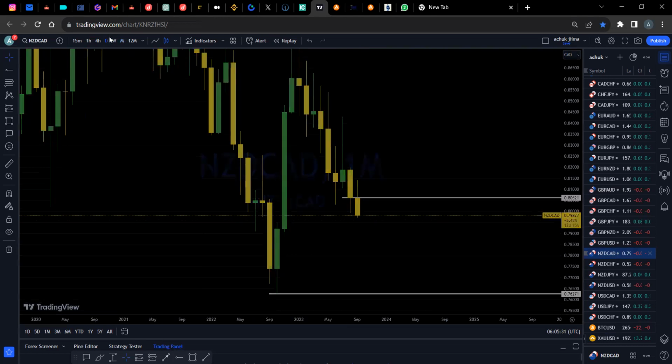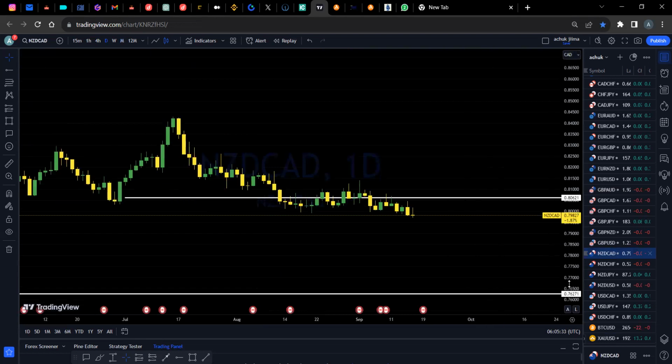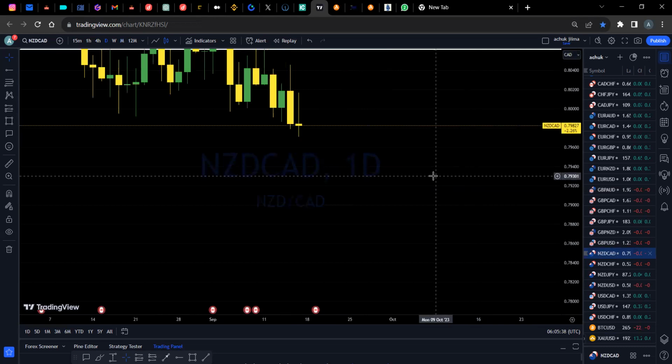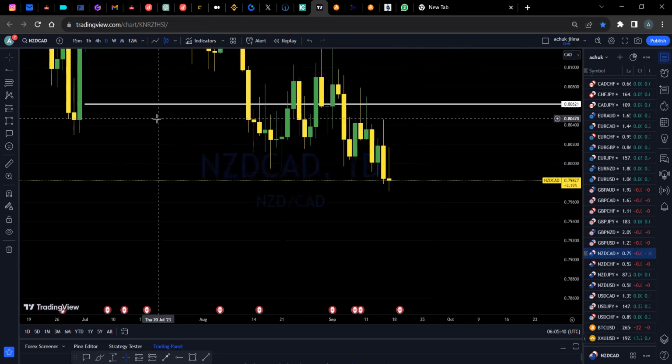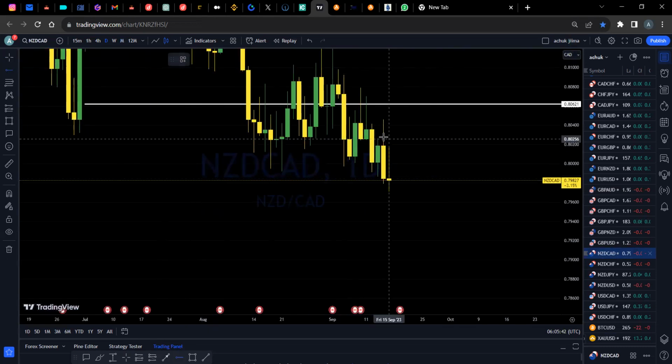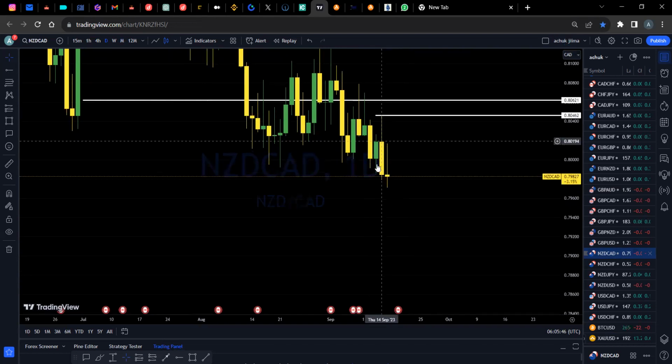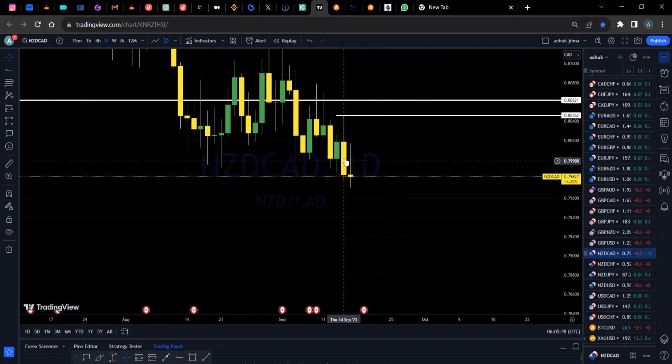And then when we come to our daily chart, weekly chart, we want to see how the weekly candle closed. If you look at the weekly close, this was our previous weekly high, where the market failed to reach this level, leaving us with this weekly high.